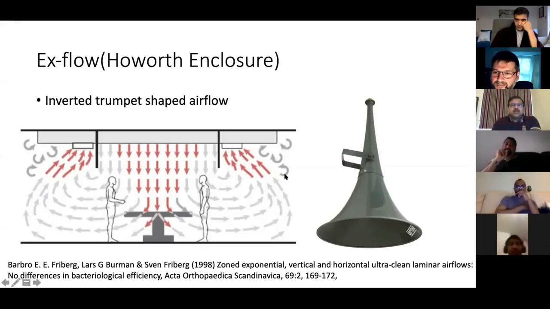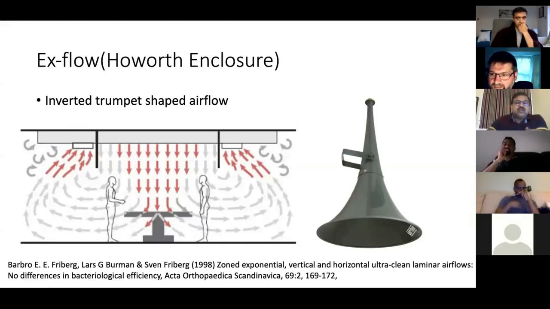So I have got this picture in front of me. The red arrows are the clean air, which are the center arrows. The arrows in the center of the diagram denote the HEPA filtered air which comes directly onto the patient.